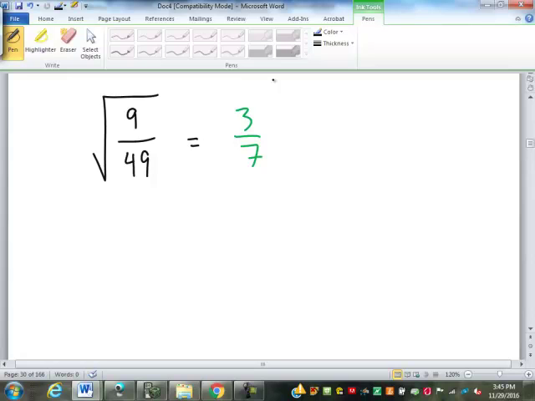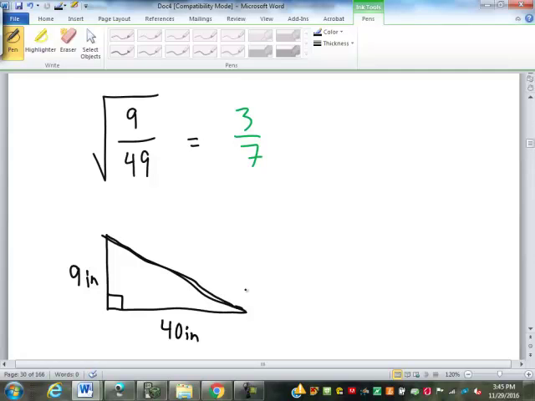Okay. One of the big things we used those roots for was we explored things like a right triangle. If I know two sides of a right triangle, let's say this here is 9 inches and this is 40 inches, I can find the third side of the right triangle.